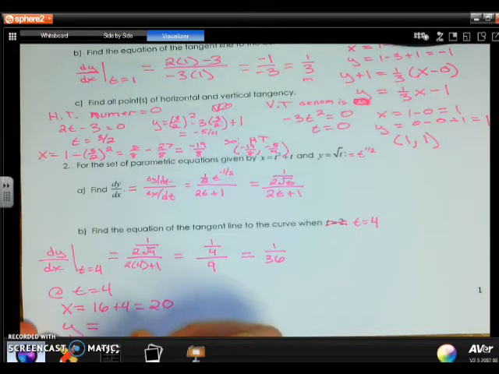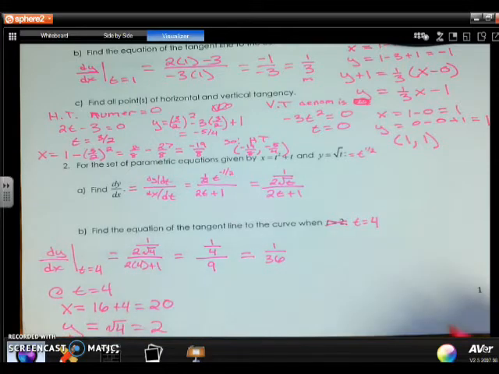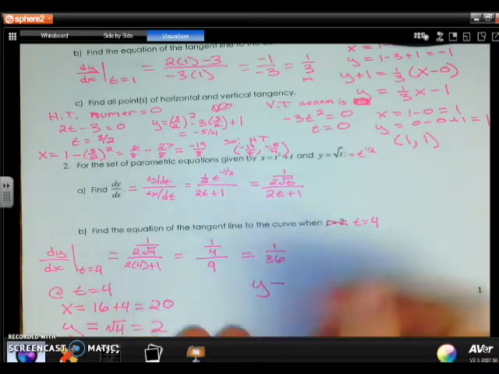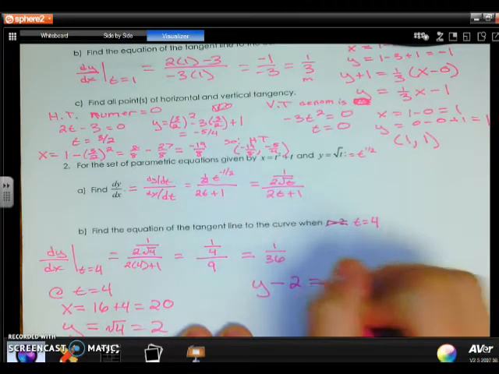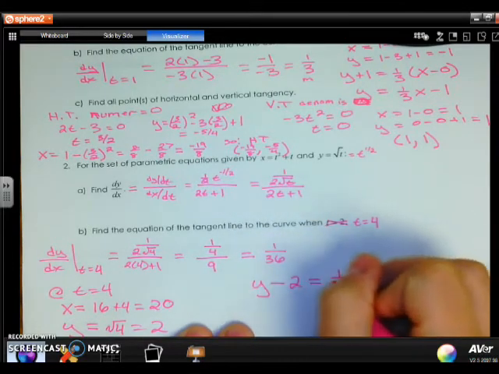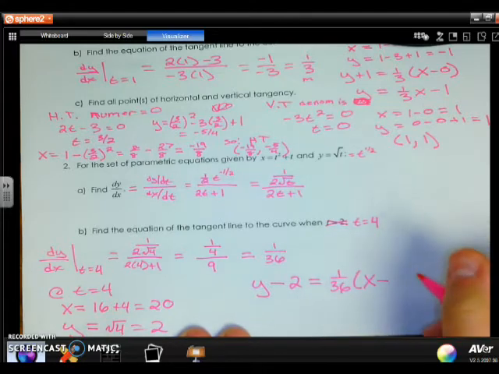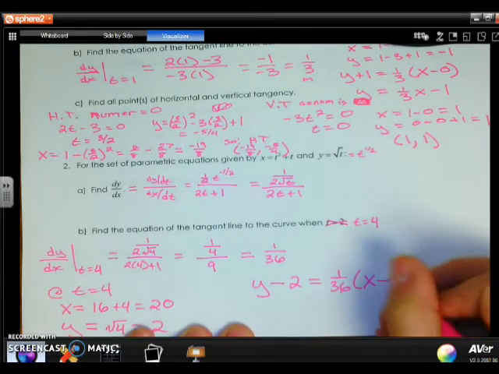So when I evaluate that, it's 2. Okay. So now I can go ahead and plug into the point slope formula. So it's y minus y1, so minus 2, equals my m is 1/36, parentheses x minus x1, which we said was 20.